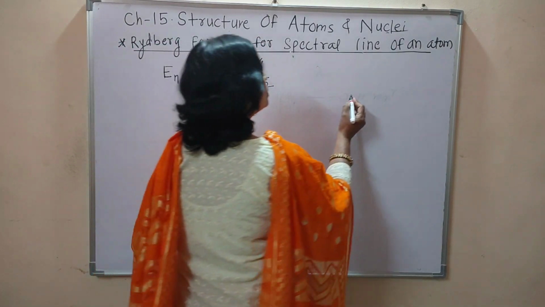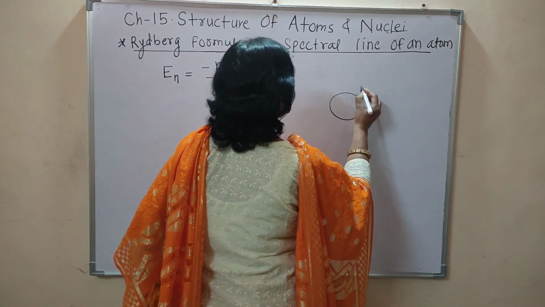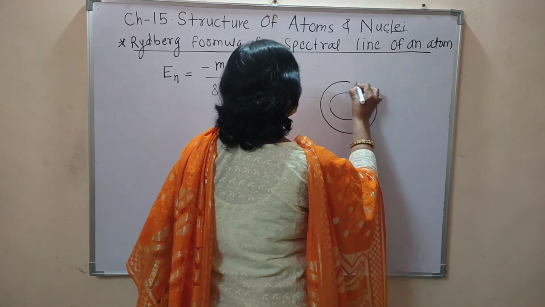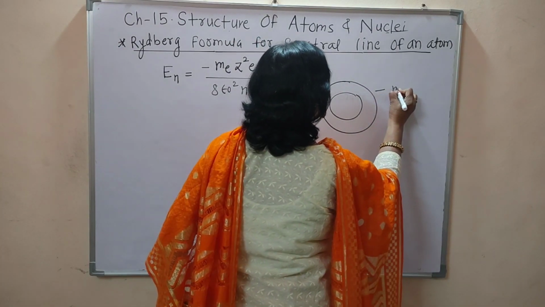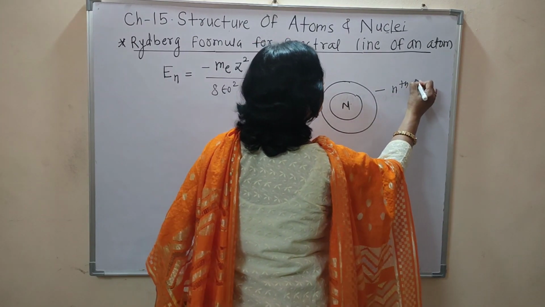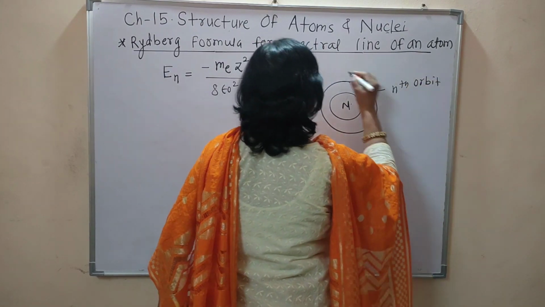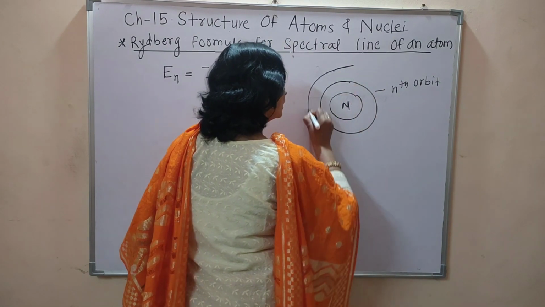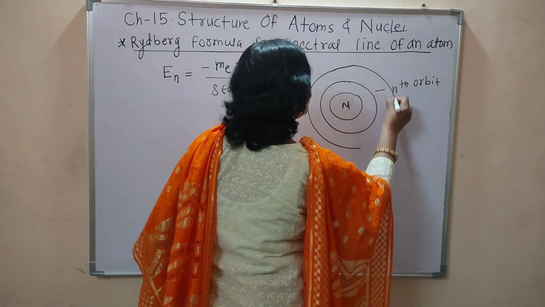Now we also studied that this is the nucleus, then this is the ground state orbit, that is the nth orbit. This is the nucleus, then nth orbit, then this is the mth orbit.